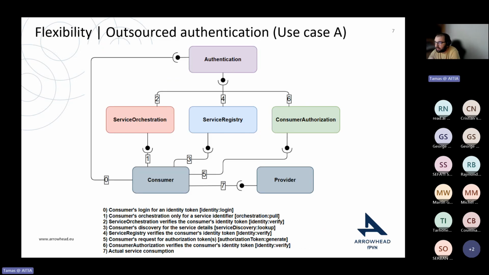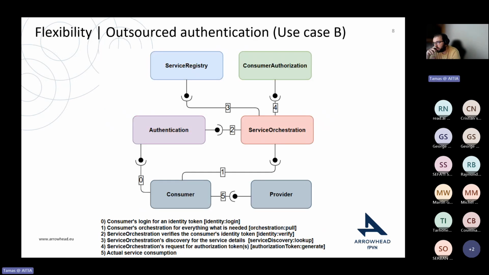And the same will happen again when your consumer turns to the service registry and tries to look up the service access details, and also when your consumer tries to get tokens for the service consumption. So every time a consumer or a provider interacts with a core component, this identity token will be verified with the same authentication core system.